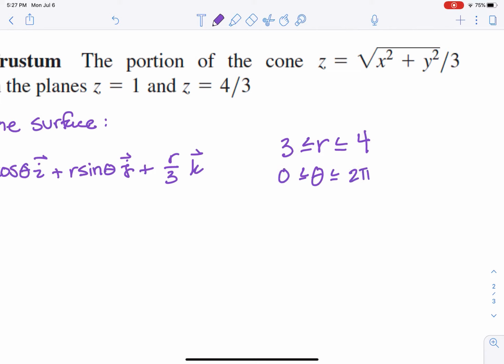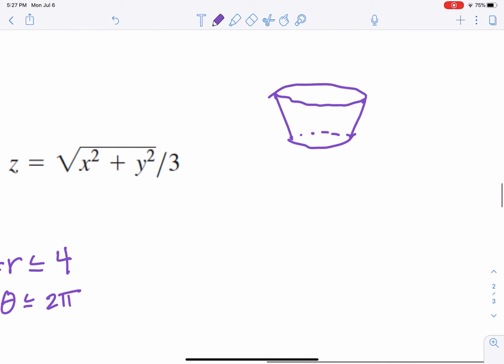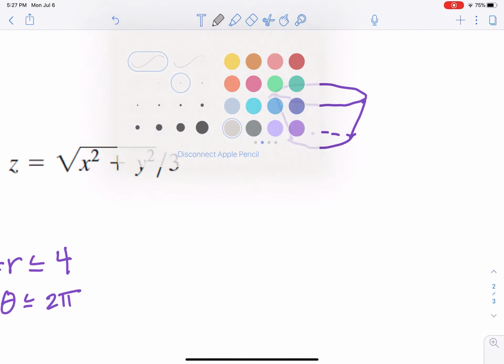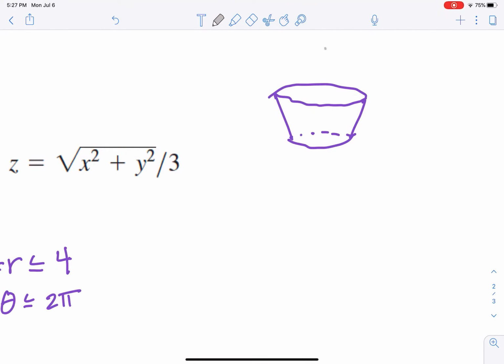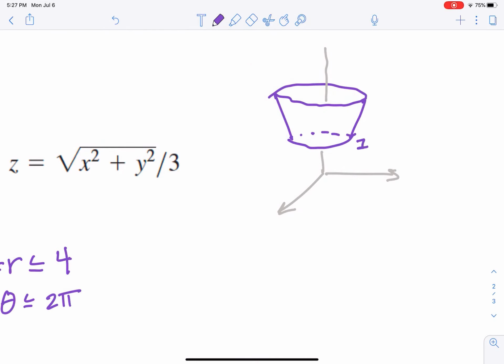Now, one of the confusing parts that a lot of students will ask about, when we're doing these surface area problems, is this. You might imagine that this is where this surface lies, on the xy plane, between a height of 1, and then this would be z equals 4 thirds, just for example.